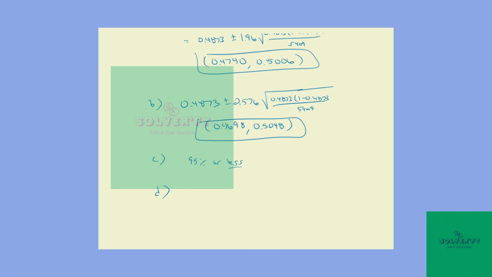Find a sample size necessary for the 95%. The sample size we need can be calculated by taking z squared times p hat times 1 minus p hat over e squared. And so at 95%, we use the z-score of 1.96.